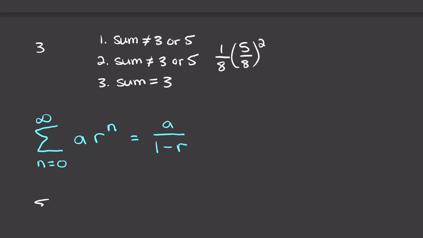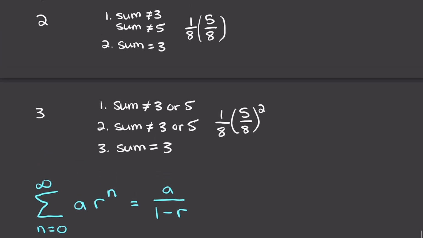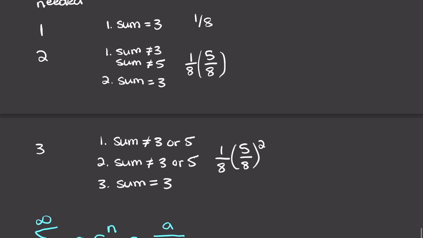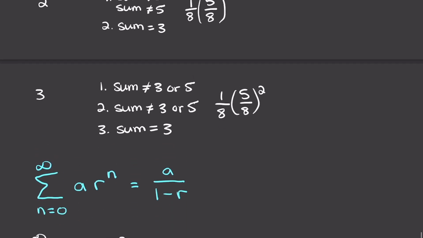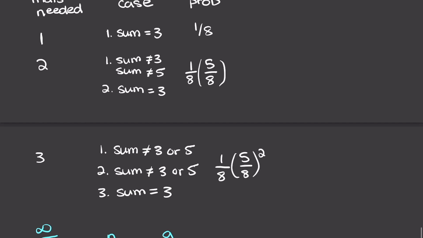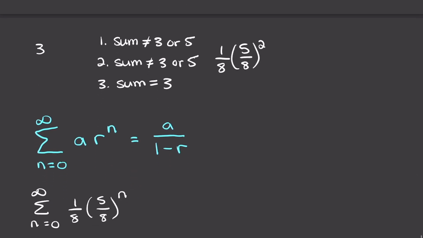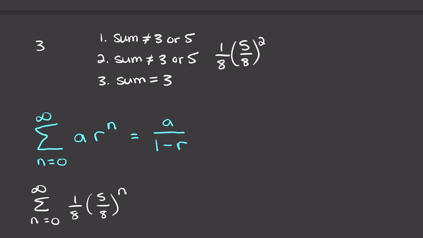So what do we get? We have the sum from n equals 0 to infinity of 1/8 times 5/8 to the n. And does this make sense? Well, n here is 1 less than the trial number. When n is 0, the trial is 1, and the probability is 1/8.